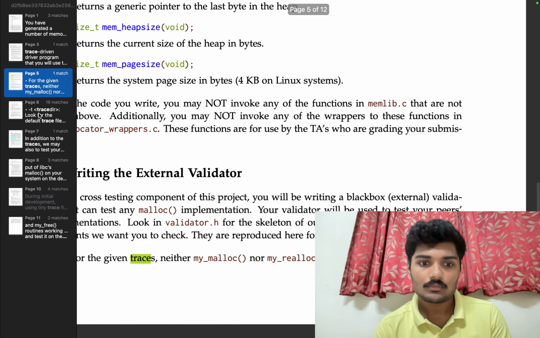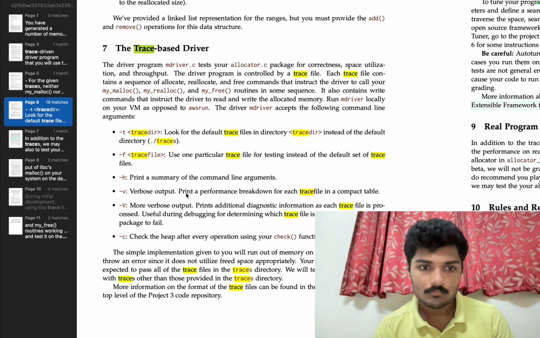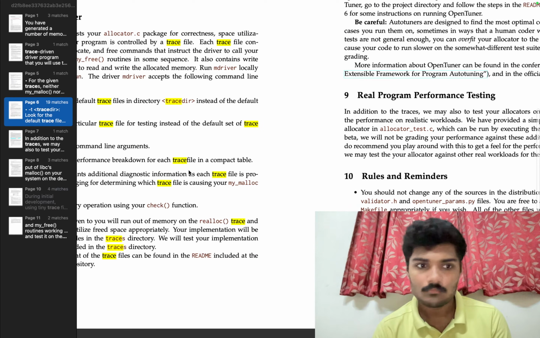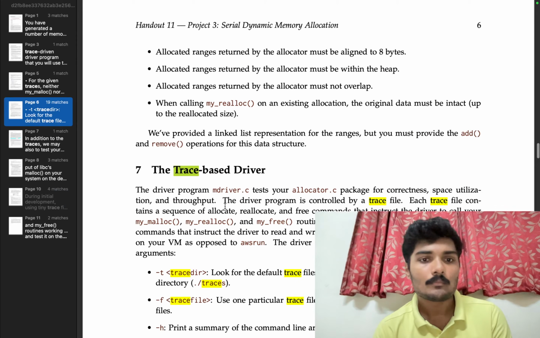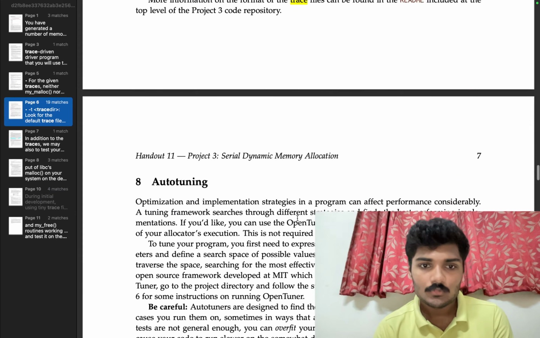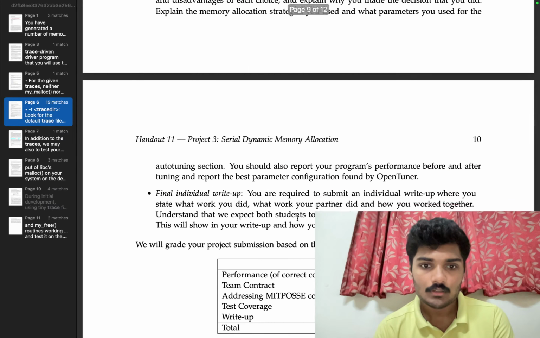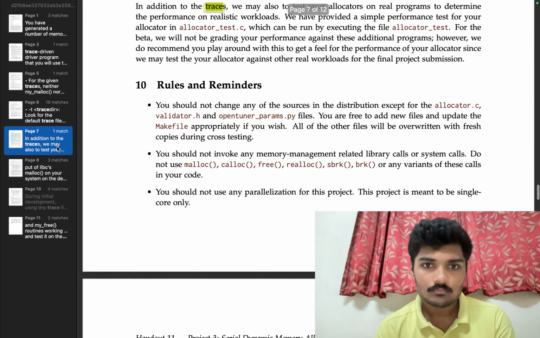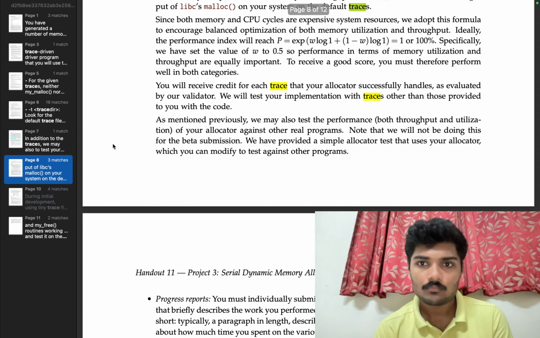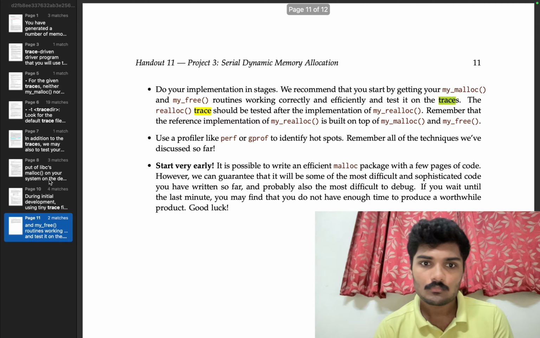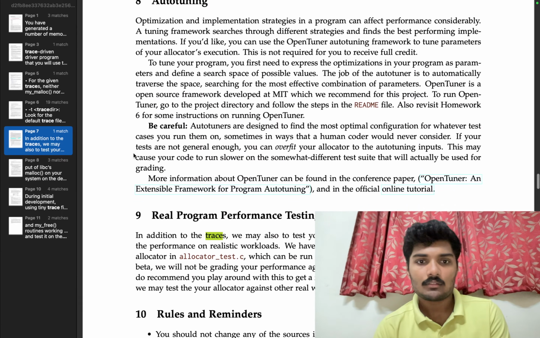I think I should just make it continuous scroll. So this is the trace, real program testing, trace files. It was mentioned somewhere, but I can't find it.